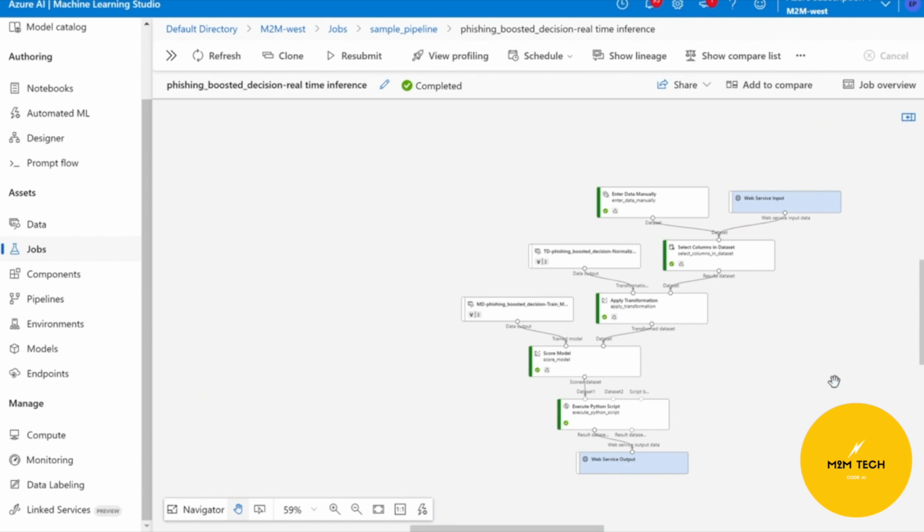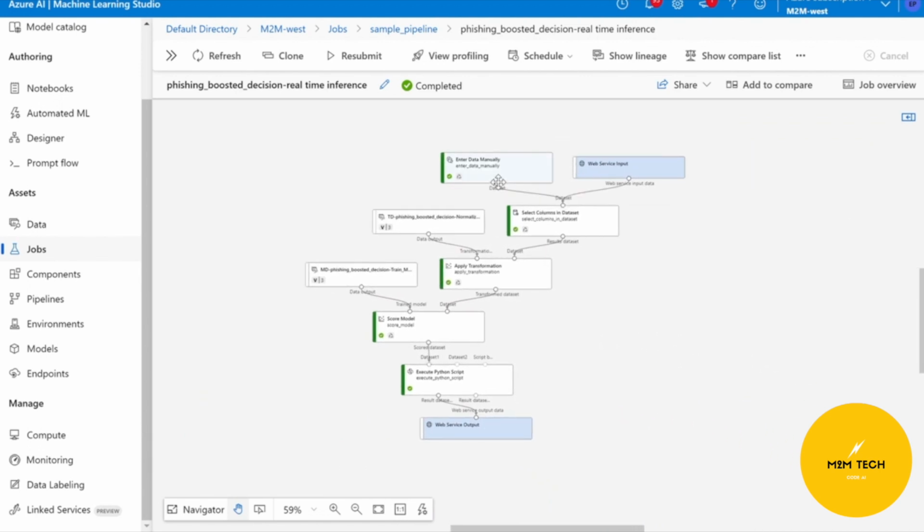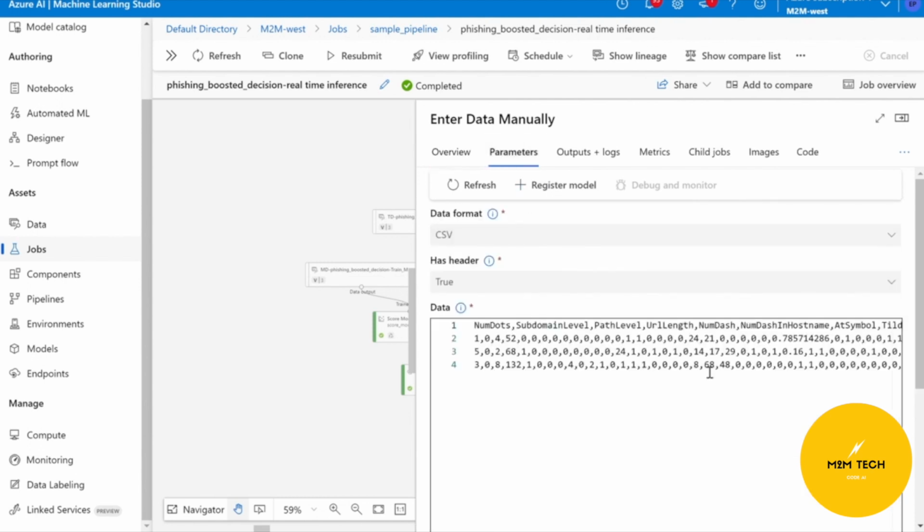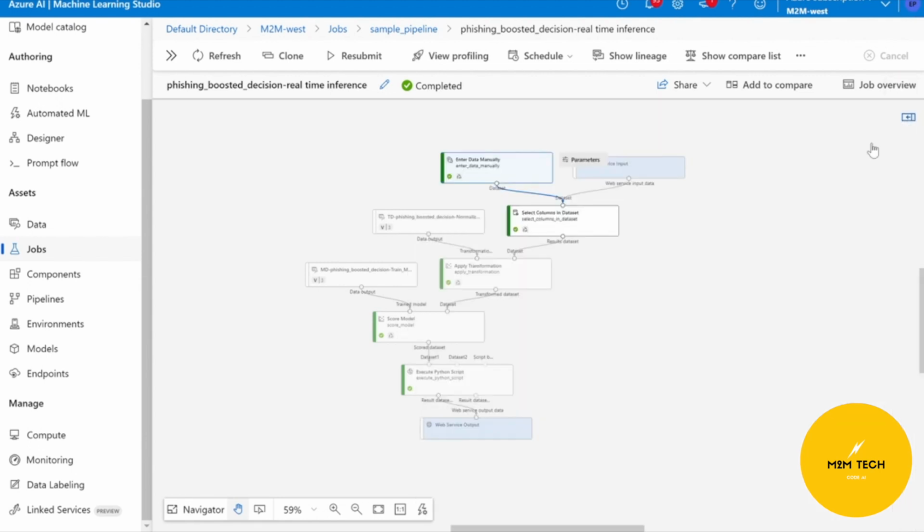Looking at this, I've given in my enter data manually 3 data entries just from my data set. I've picked 3 randomly, and I know that all 3 of them have a class label of 1.